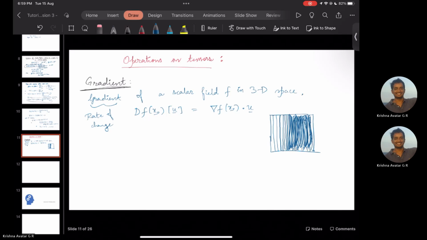I'm just trying to make you understand the concept of gradient. What you see is that initially the distribution is very sparse. Let this direction be x, and this one y. As you proceed along x, the number of vertical bars keeps on increasing. You'll ask, what do you mean by number?